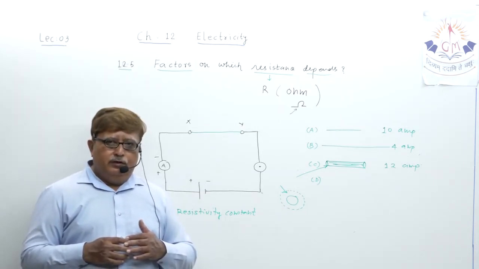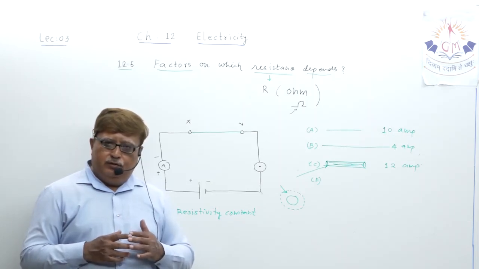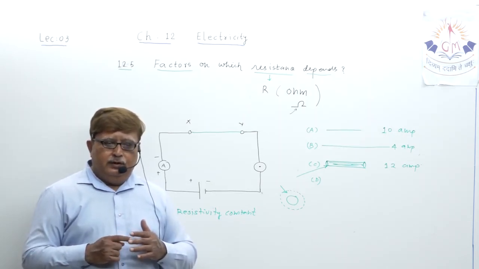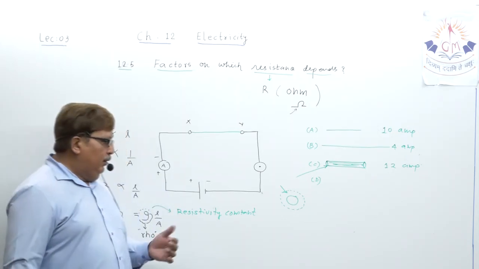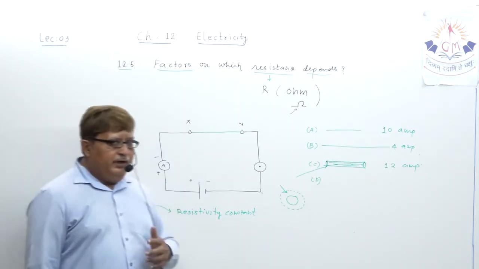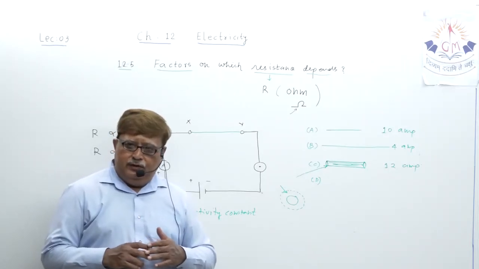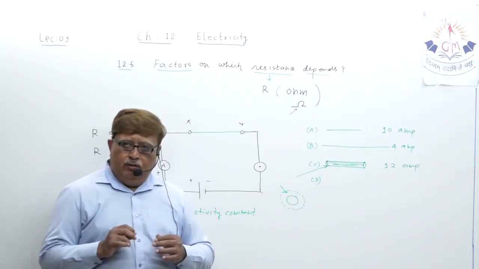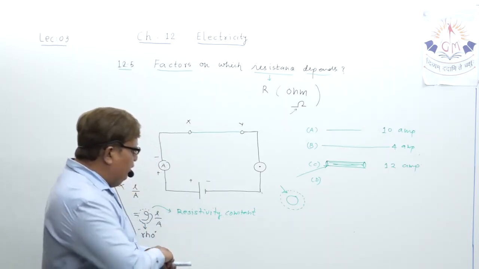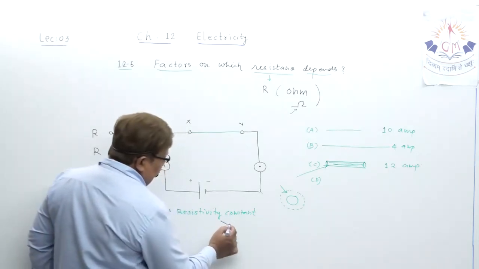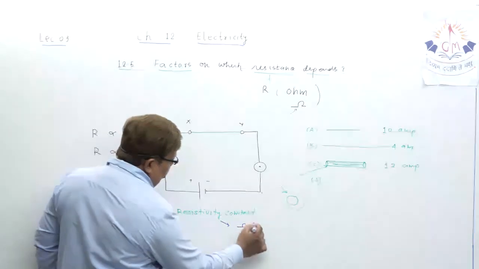because different material has got different resistivity constant, and resistivity of any material is measured by the unit ohm meter. It can be written this way: resistivity of any material is measured in ohm meter.